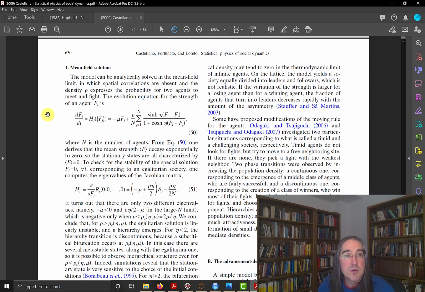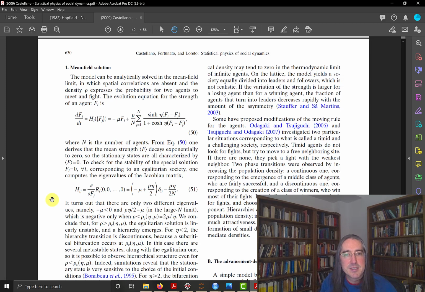And then you can solve sort of the dynamics of this by looking at what happens if I start with everyone at 0 strength. And it turns out that there is a critical density. Once you get beyond a certain critical density, hierarchy spontaneously develops in this model, at least in the mean field solution. And if you're below that critical density, then you'll get fluctuations, right?